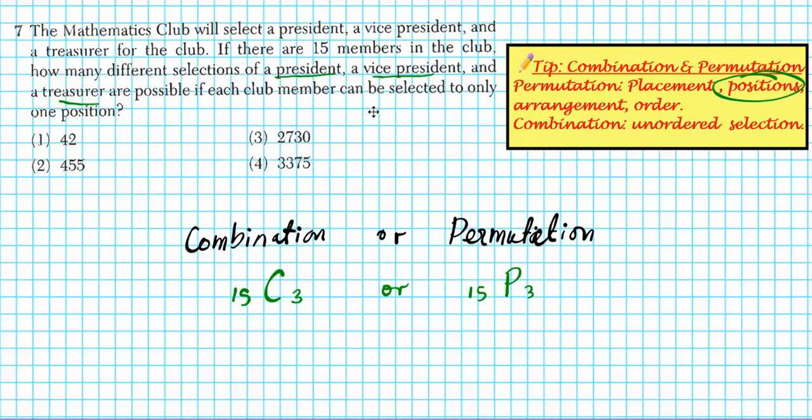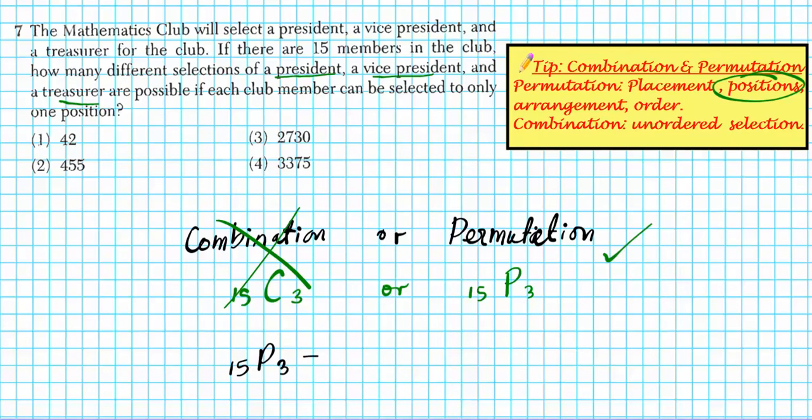Since it is an ordered selection, basically selecting people to fill positions, this is permutation and not combination. So out of 15, you're going to be selecting 3 to fill positions. So it's going to be 15 P 3. That will be the answer.